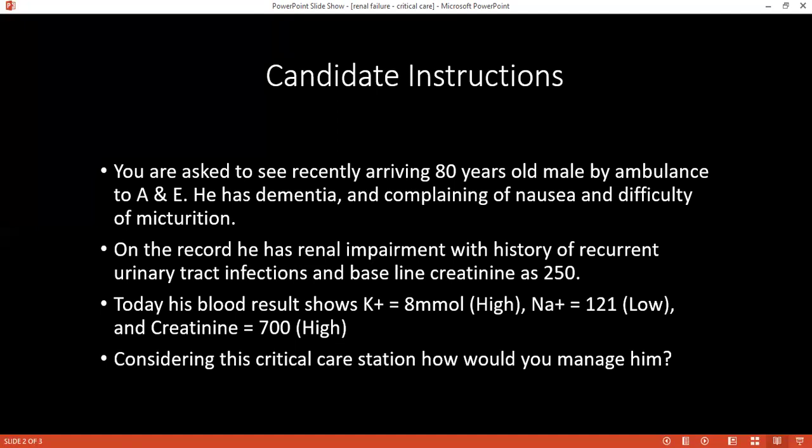Also the patient will have shortness of breath and gasping due to pulmonary edema, and arrhythmia or maybe atrial fibrillation due to hyperkalemia, and this pulmonary edema due to hyponatremia, and maybe edema all over the body.